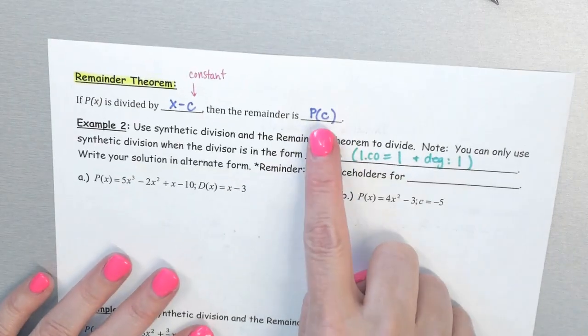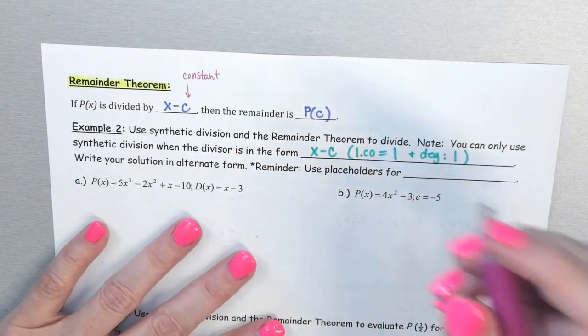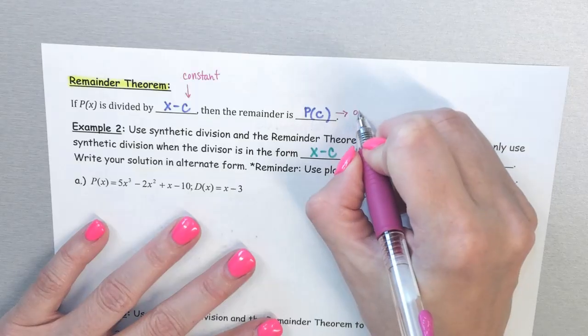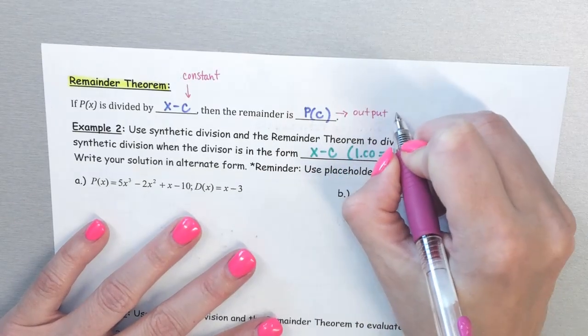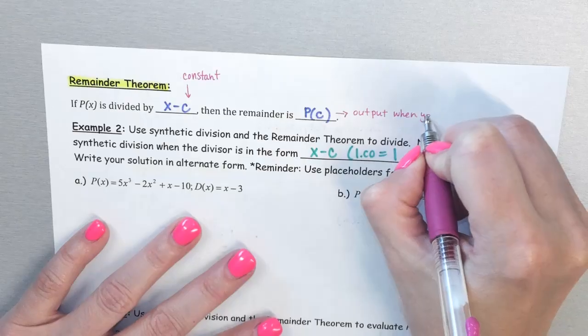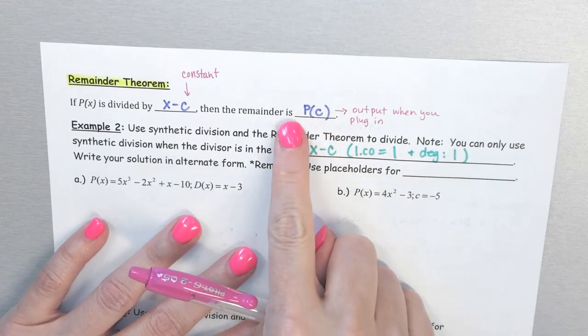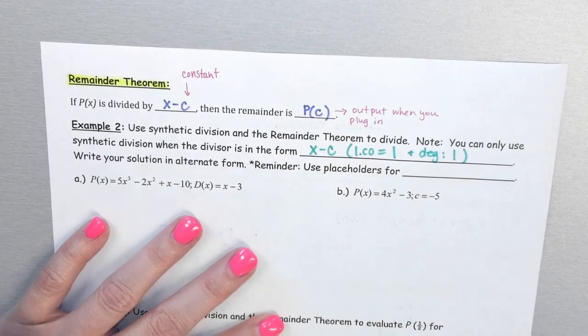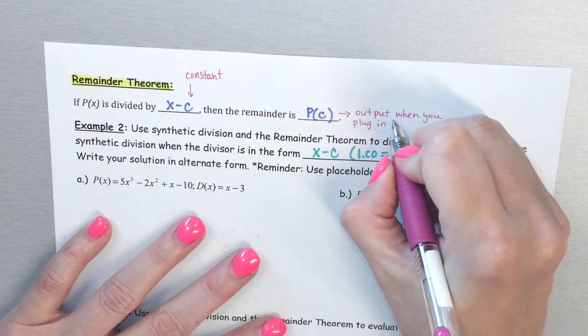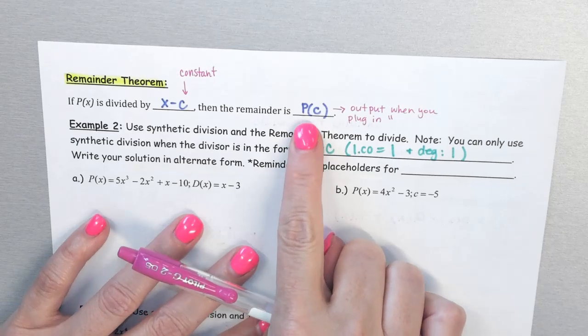Now this P of C, this is your output when you plug in. Okay, if it's asking you to find P of C, you have to plug in what? What would you plug in if they said P of C?